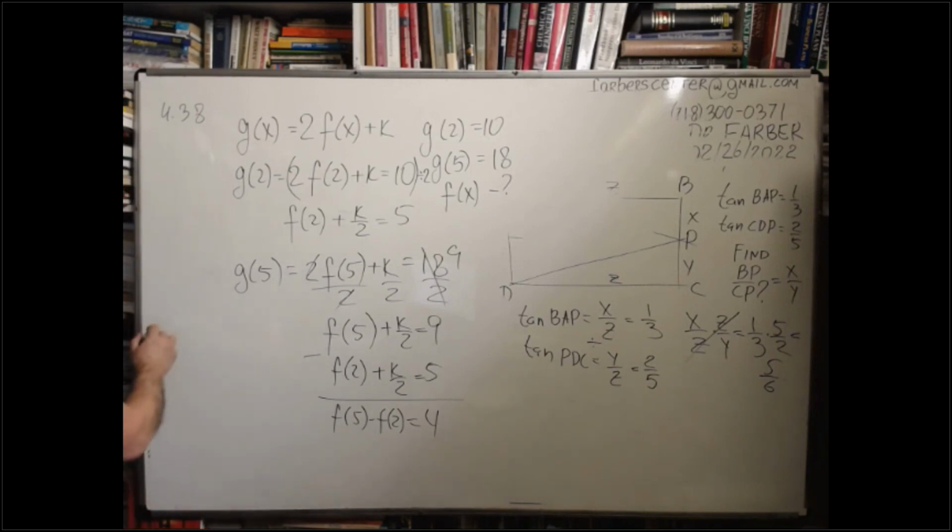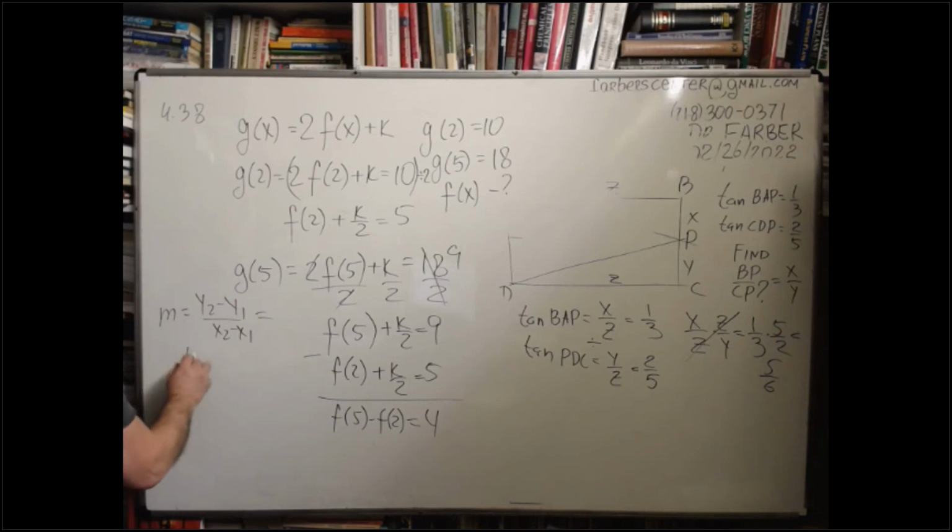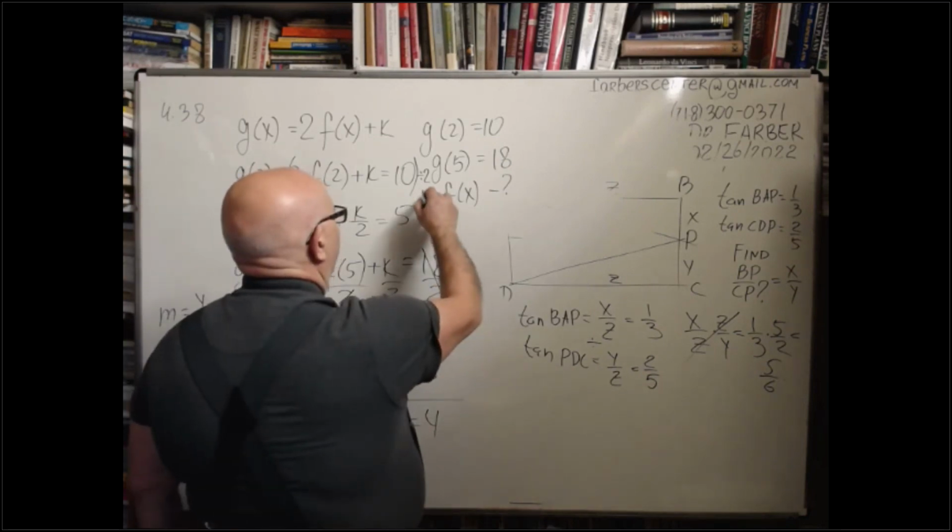The slope is, I use this space, y2 minus y1 divided by x2 minus x1. y2 minus y1 is actually 4. And x2 minus x1 is 5 minus 2, which is 3. So the slope equals 4 over 3. Check mark. Slope of f of x.